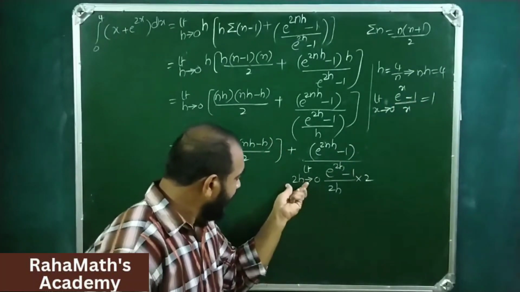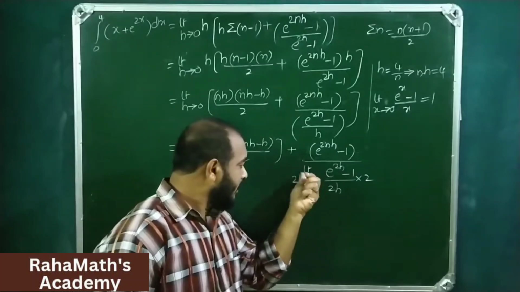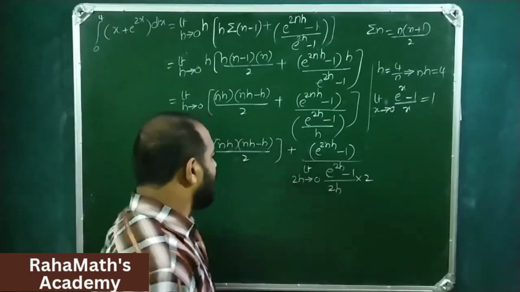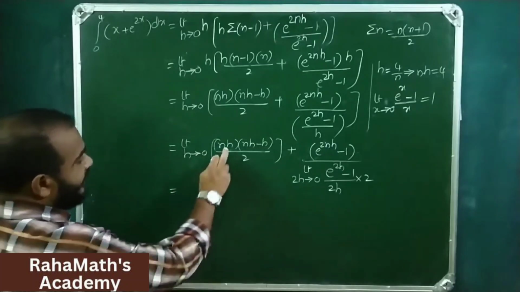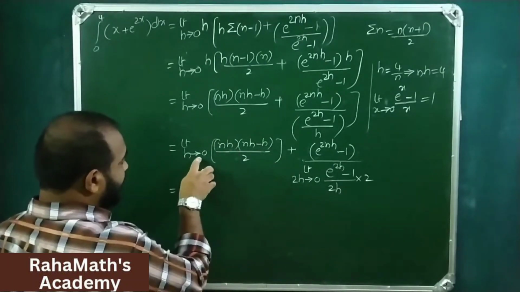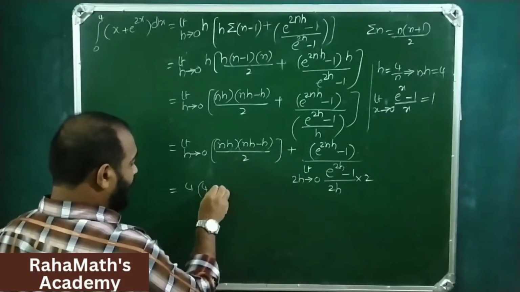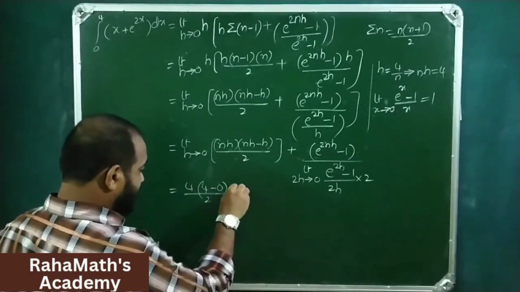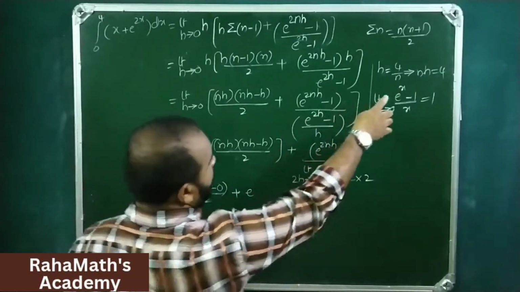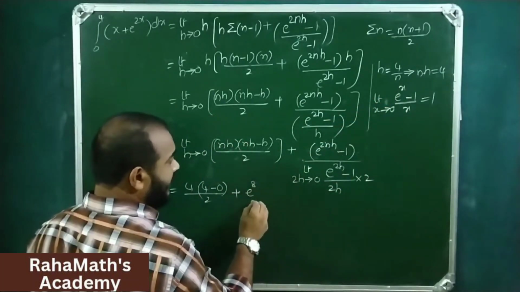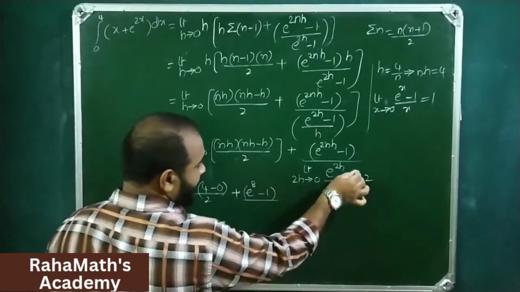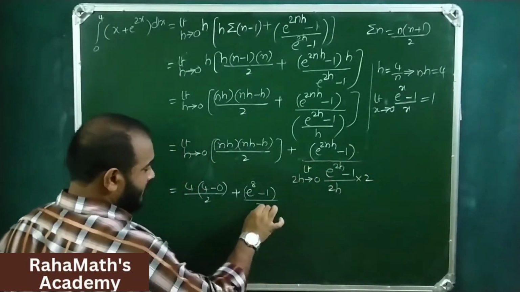So this is limit x tends to 0, e power x minus 1 by x. So this is equals to, nh value is 4 into 4, as h tends to 0 if I substitute here, so 4 minus 0 by 2 plus e power 2nh value, nh value is 4, 2nh is 2 4s are 8, minus 1 by, the value of this is 1.